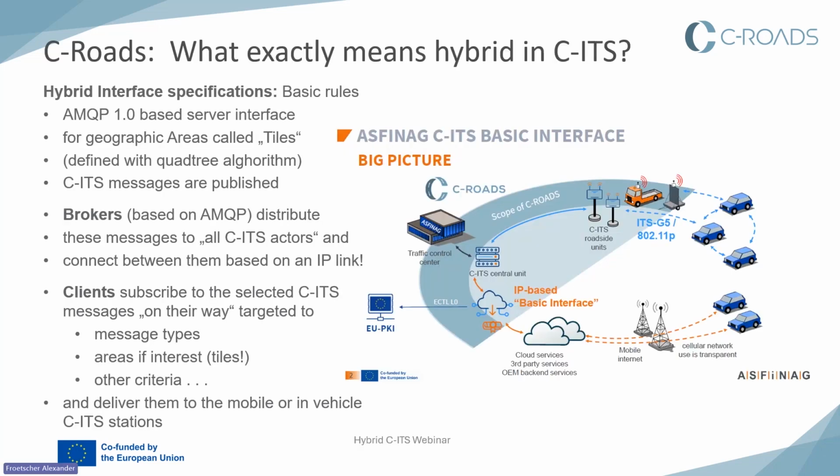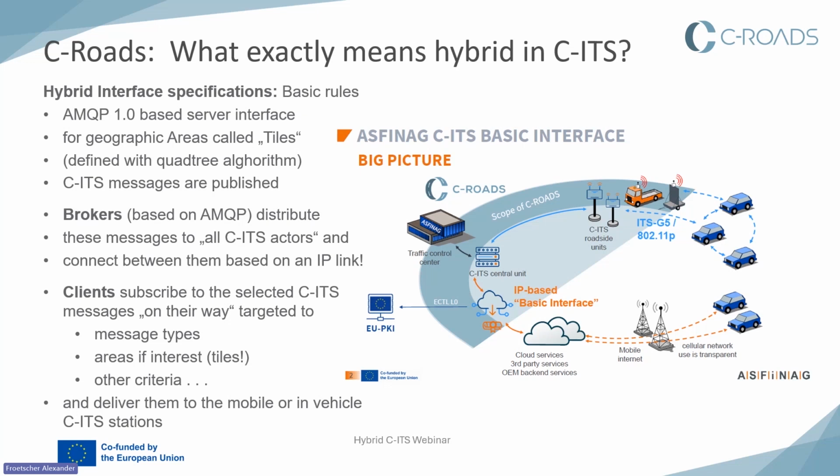You have seen this picture before, and now I would like to go into this message distribution chain at the lower end of this picture. So we in ZEROS have defined within our hybrid specifications the basic rules that we are using a message protocol, AMQP, and therefore for the geographic areas and the message distribution, we also use so-called tiles, which are defined with a quad-tree algorithm.